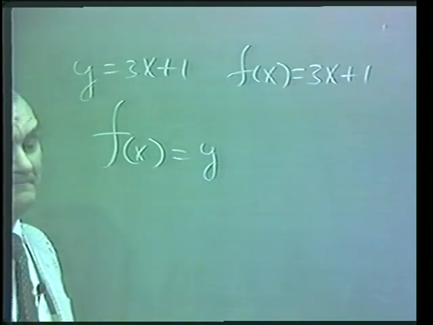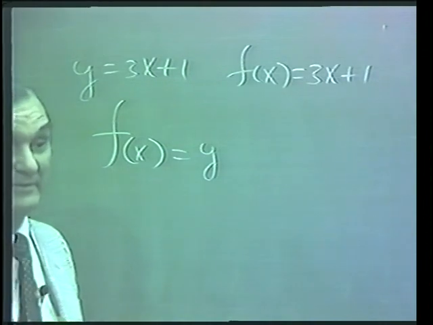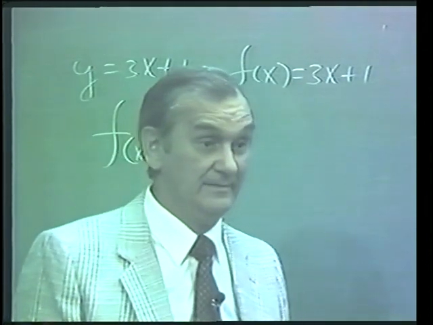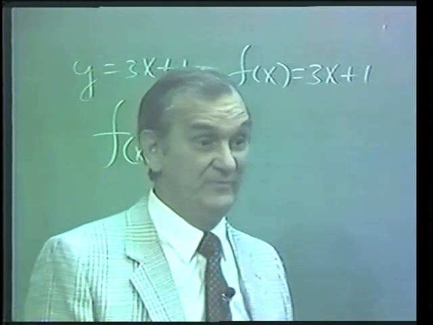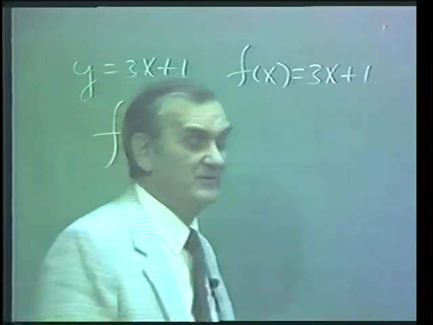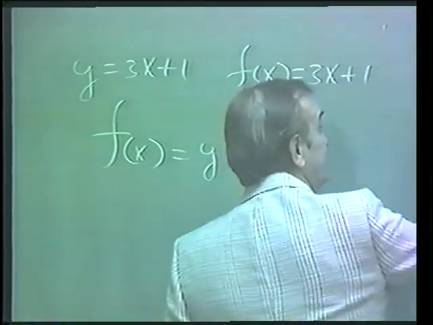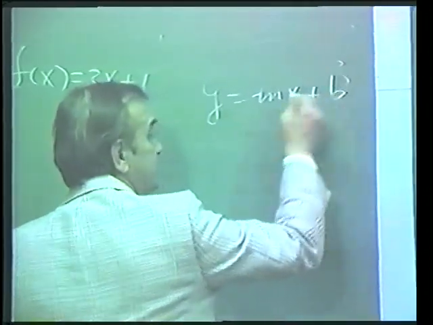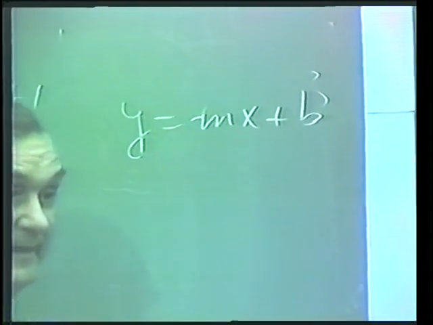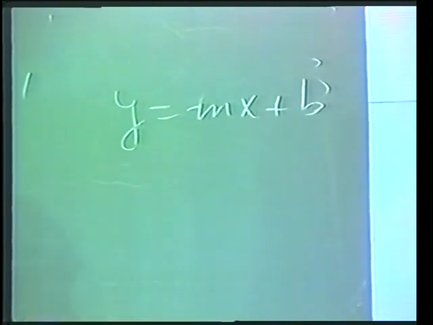Now you recall, a few days ago, what we had to do was solve equations for y. Because as soon as we solve it for y, we have it in functional form. Remember our slope-intercept form of a line? We have y is equal to mx plus b, right? But another name for y is f of x.